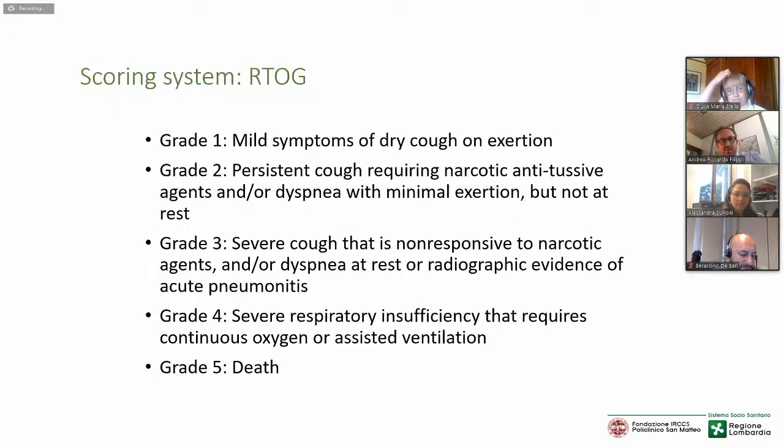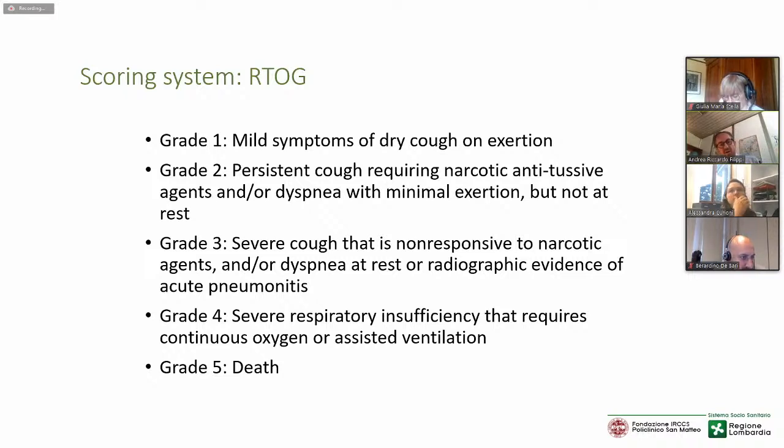The classical classification is the one that most radiation oncologists will know and use in clinical practice, and it is superimposable to the CTCAE common toxicity criteria. It defines a grade 1 as mild symptoms, so simply dry cough, and grade 2 as persistent cough requiring antitussive agents.